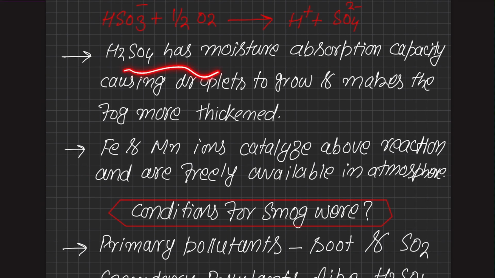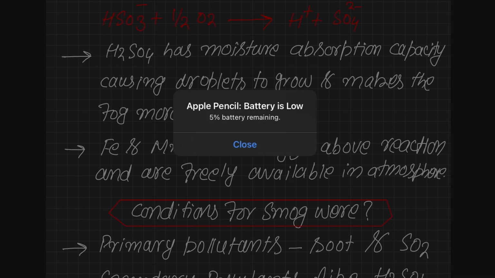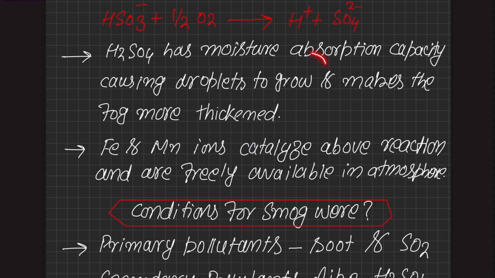Now this sulfurous acid, after absorbing oxygen, is further converted into sulfuric acid, and the sulfuric acid is notorious for absorbing moisture, which will increase the size of the droplets, and due to the moisture absorption it will cause more fog.